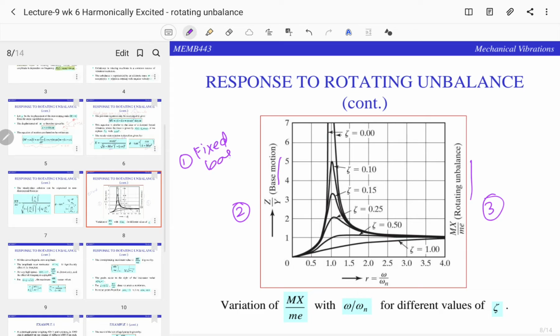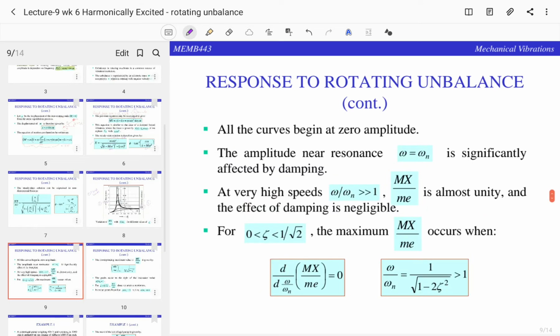So there are 3 cases basically. Here in the figure, what it's saying is basically for base motion and rotating unbalance. Although for base motion the input is displacement, this one we already changed in terms of forces. You can see that the figure or the graph is exactly the same.